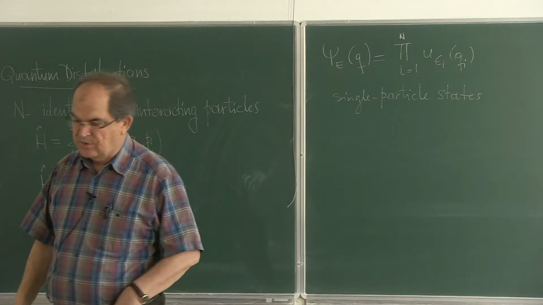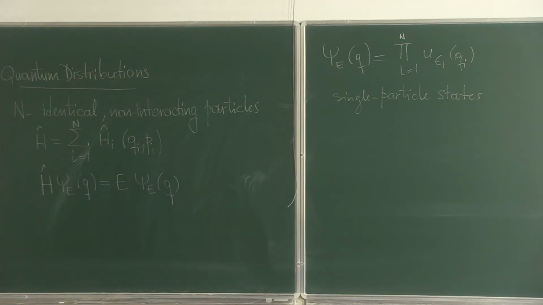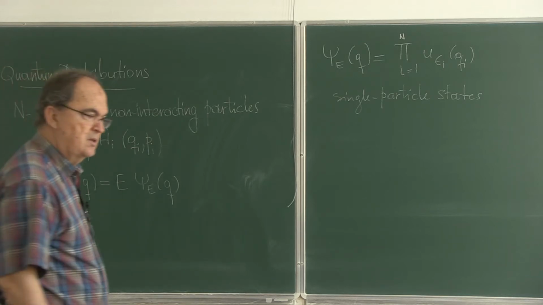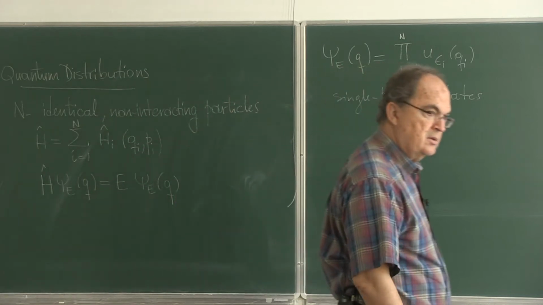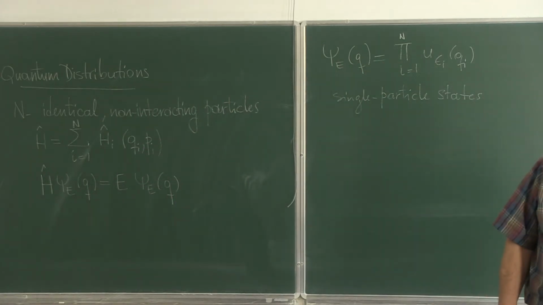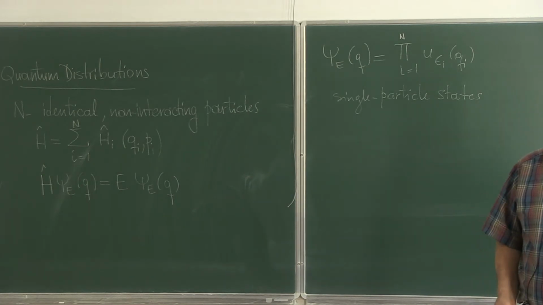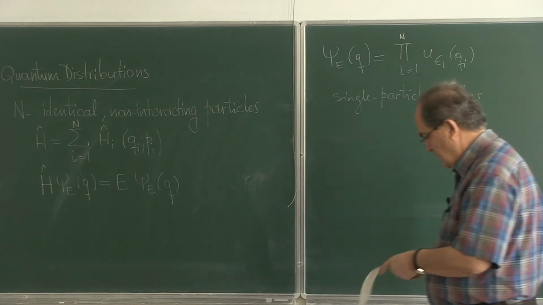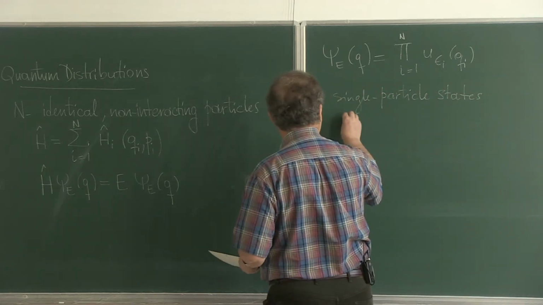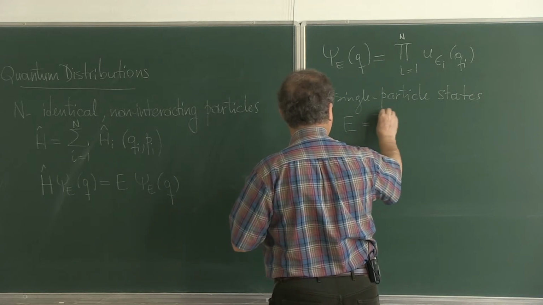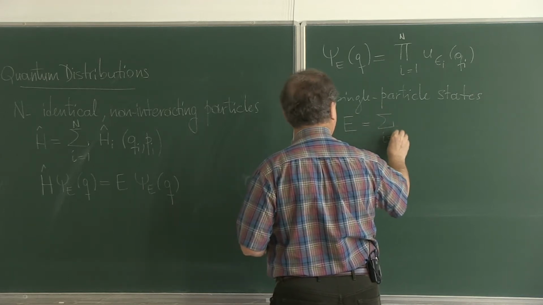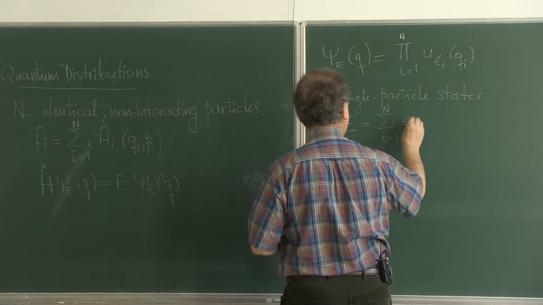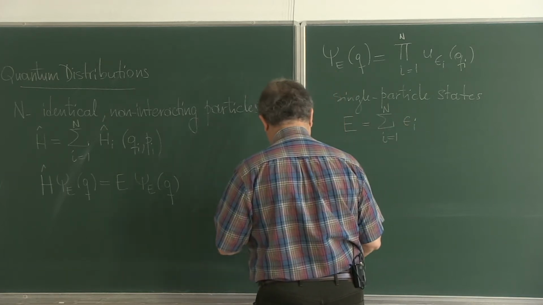So if you want to distribute these n particles, you have to put them into these single particle states, one after another, till you have an n particle system. So you can talk about the distribution of these particles in these single particle states. Now, the total energy of the system will be the sum of the individual energies of the particles.